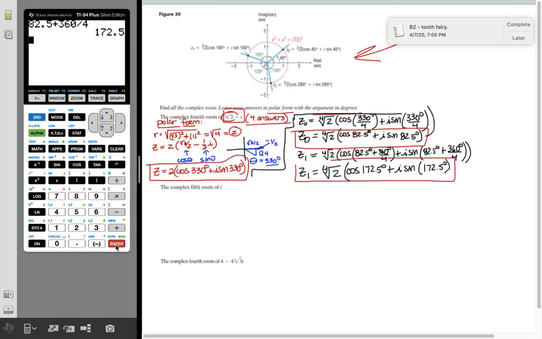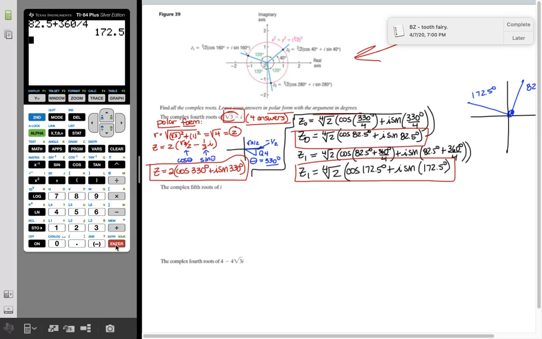Now, I'm going to go ahead and use a little bit of a shortcut to get the other ones, okay? So what I want you to notice is that all these answers look the same. The only difference is that we're going from 82.5 degrees to the next one at 172.5 degrees.